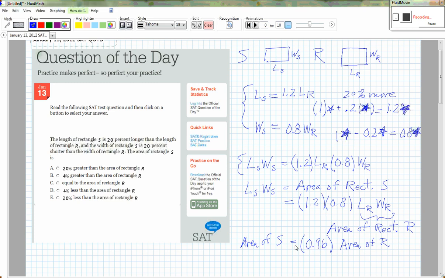So if this were 1, area of S would be equal to the area of R. This is less than 1, and it's less than 1 by 0.04.